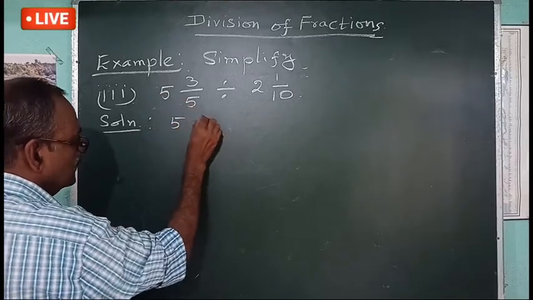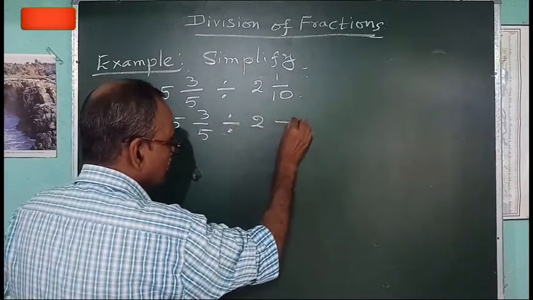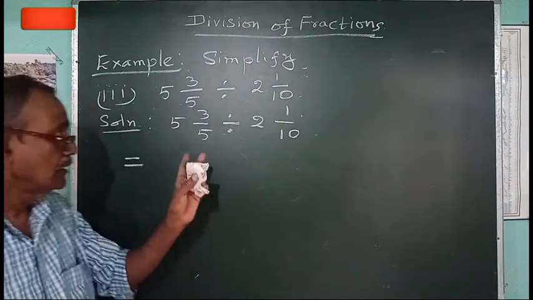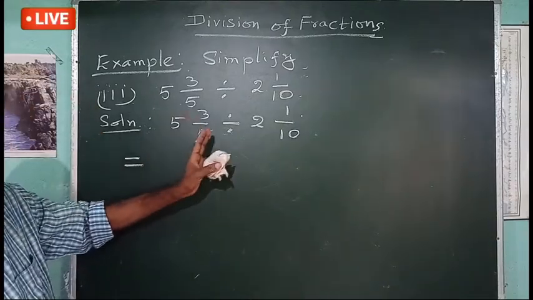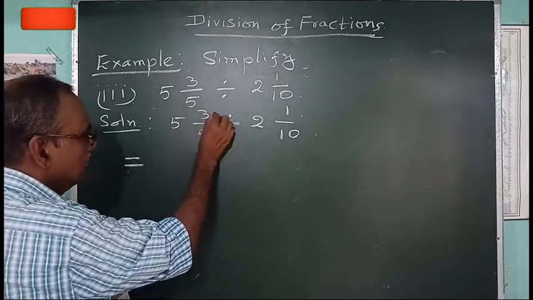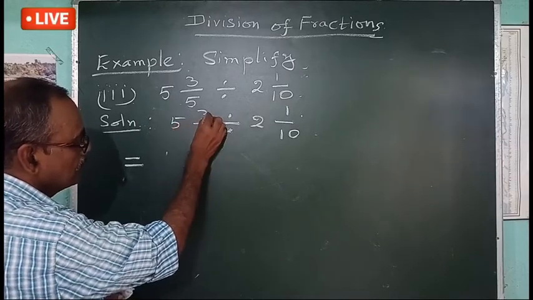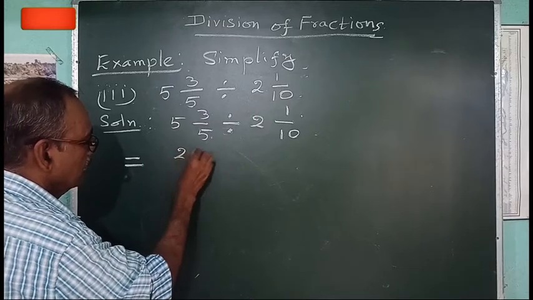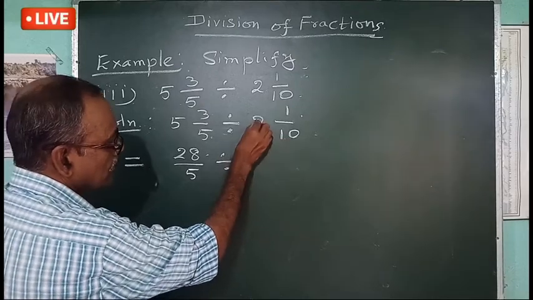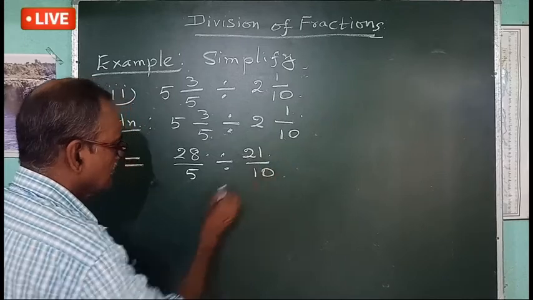Now 5 whole 3 by 5 divided by 2 whole 1 by 10. Convert this mixed fraction into improper fraction first. 5 5s are 25. So 5 into 5, 25 plus 3, 28 upon 5, divided by 2 10s are 20 plus 1, 21 upon 10.